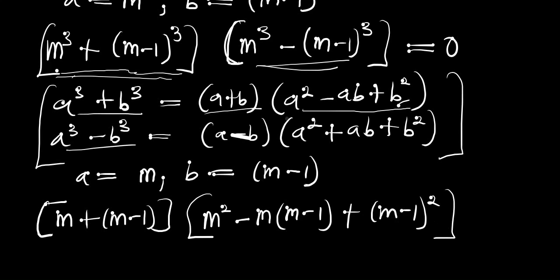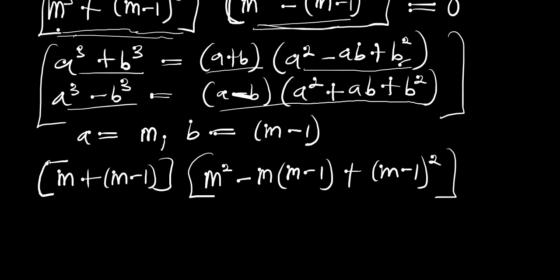Then let's proceed to this other one here, and we are making use of this identity. So we are going to have another square bracket.